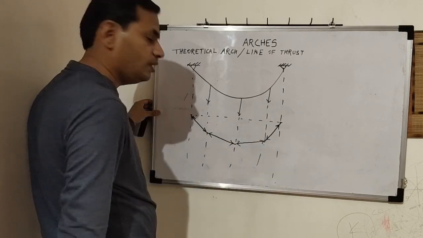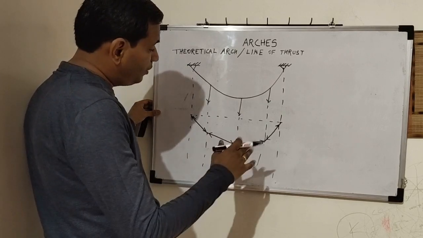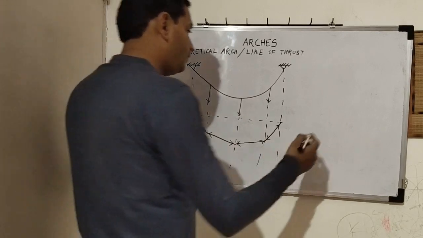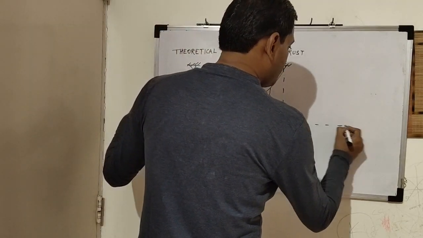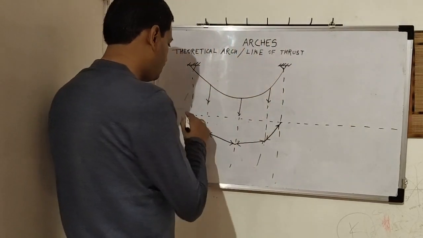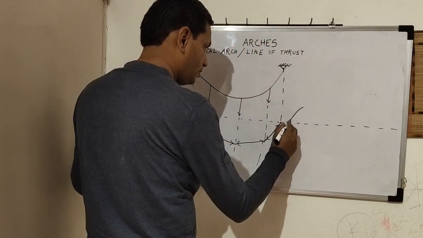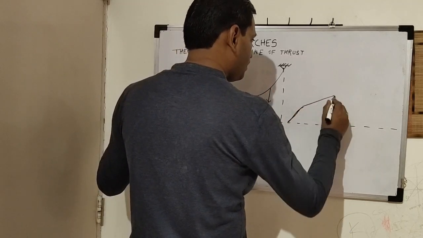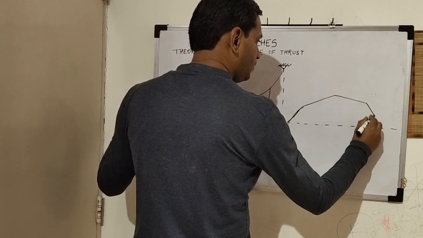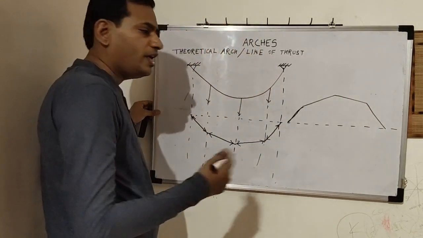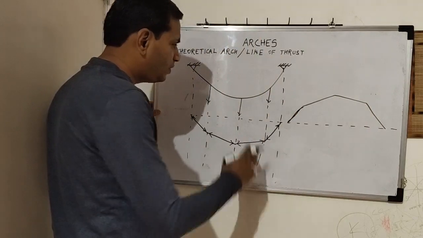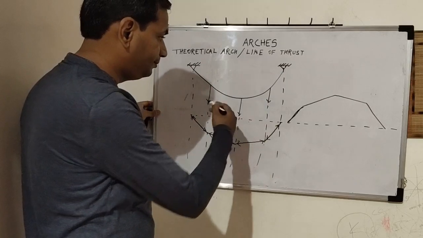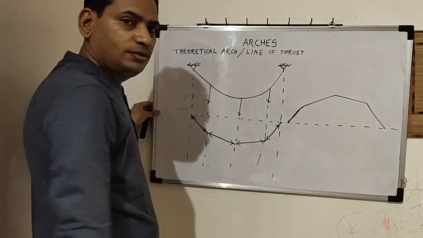Now let us invert this diagram, this link. If you draw the inverted shape of this link, how will it be? This is one link, this is second, then third, and then fourth. Randomly, this is the inverted shape of the link. So this is an inverted arch.